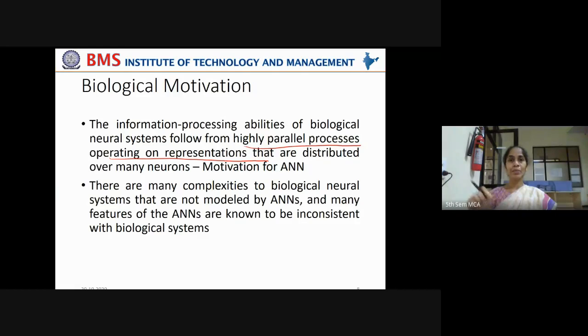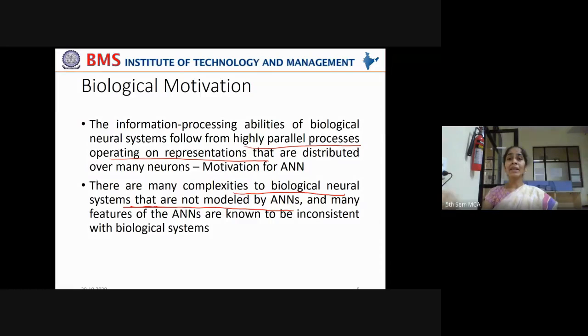It is not a serial processing of the information. It is parallel processing of the information, simultaneous processing of multiple information at the same time. That is the motivation for artificial neural networks. There are many complexities to biological neural systems that are not modeled by artificial neural networks. There are still lots of complexities.